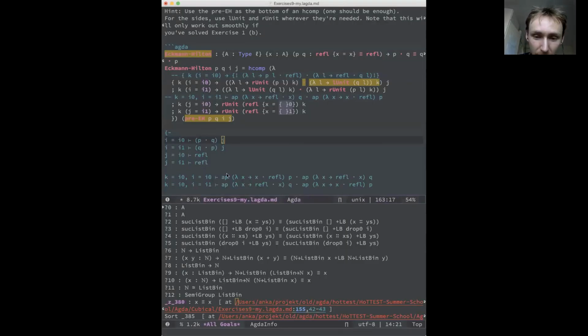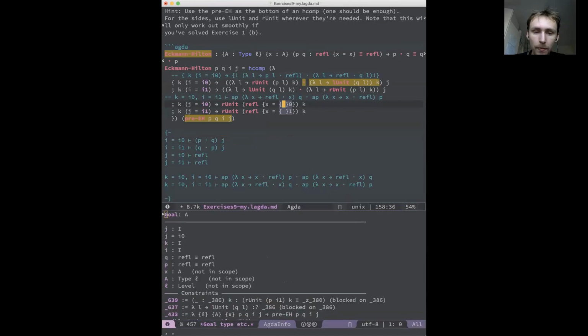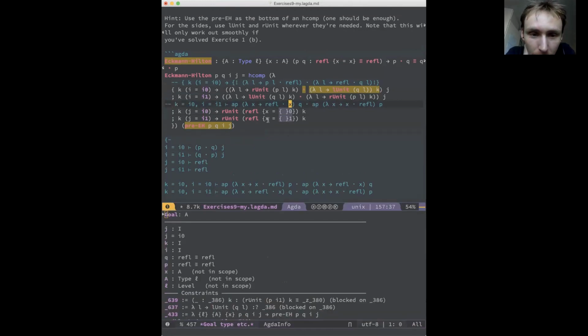Oh, screen share. Yeah, cool. Wait, what's going on? But what if you introduce X in the context and plug in the X? I think you need to introduce it first.